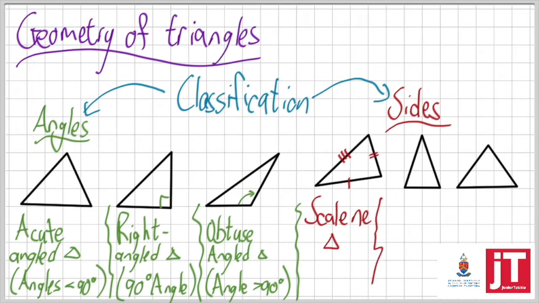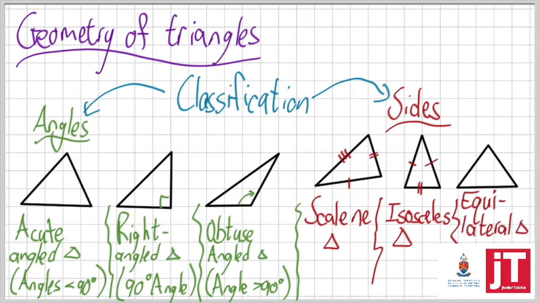But the isosceles triangle is a very, very important triangle later on in this chapter, where the lengths of two sides are exactly the same. And then we have also one of our favorites, the equilateral triangle, which means all three sides are the same length.